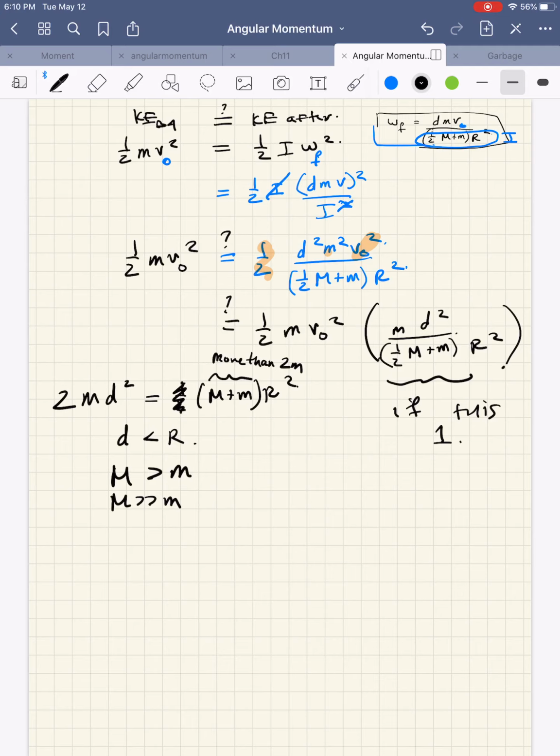So in fact, this is more than 2m, and this is more than d. So r is greater than d, and M is greater than little m. So the answer is no. It's not going to happen. The only time it would happen is if it hit right at the very top and the masses were identical.